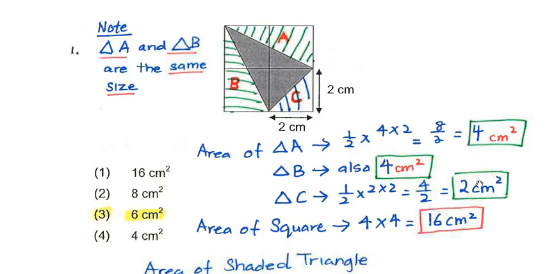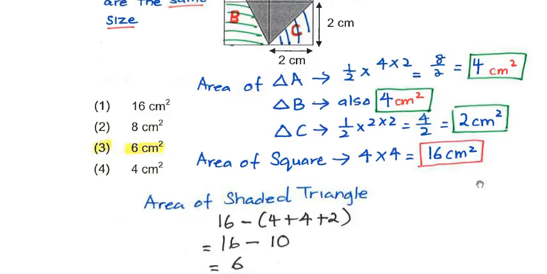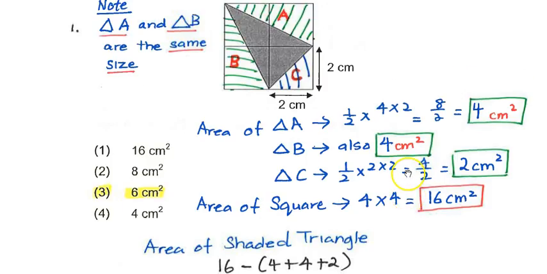Now, first we have to find the area of the whole figure over here, which is actually 4 times 4. Can you see? Area of the big square, the whole thing, is 4 times 4, which gives you 16 cm squared.